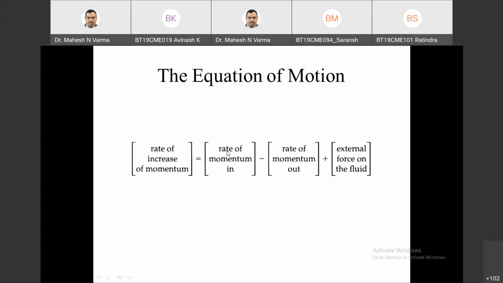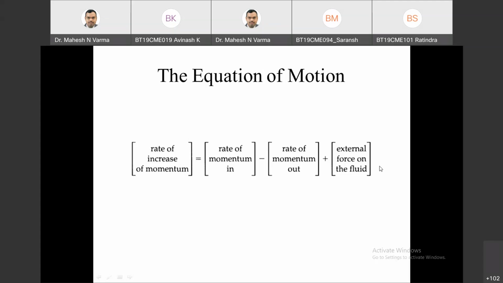Rate of momentum in is there, rate of momentum out is there, for all three momenta. That means I will get three equations: for x momentum, y momentum, and z momentum. And the total forces acting in that direction. Most of the time, gravitational force will be the external force acting on a fluid.